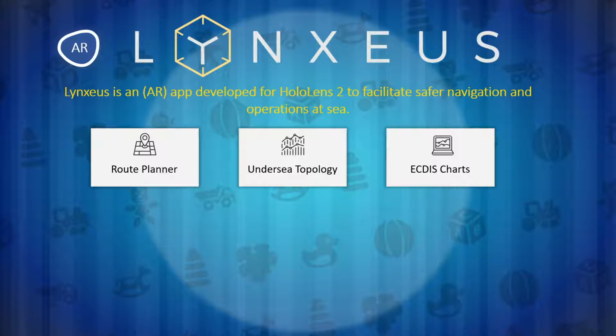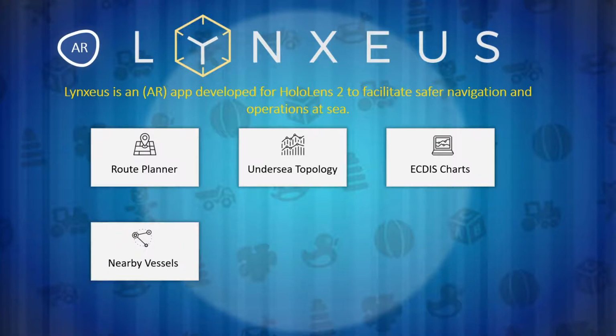So these are just some standards when it comes to digital charts. So we can display these kinds of charts, and we can visualize the data even when you're on the deck or away from ECDIS. So if you put a HoloLens device on and get on the deck, you can still see the ECDIS data.